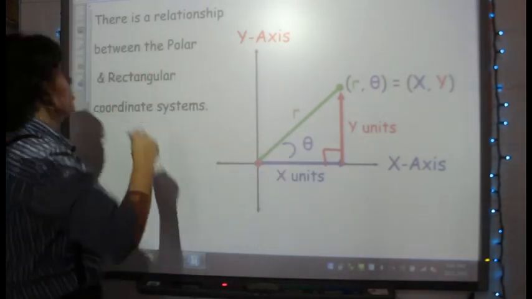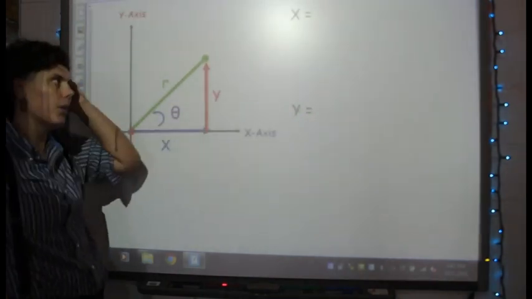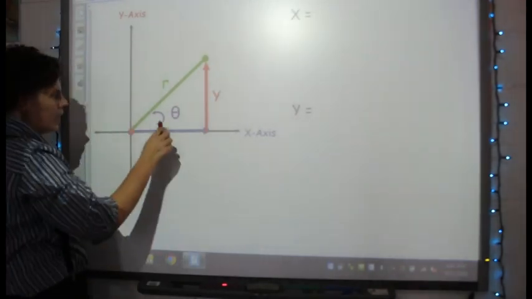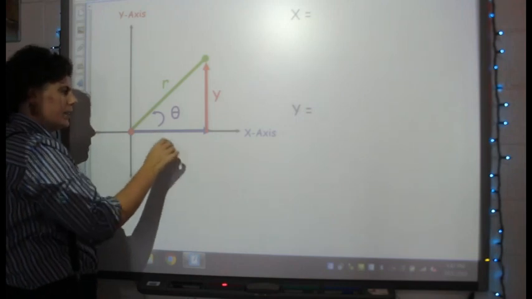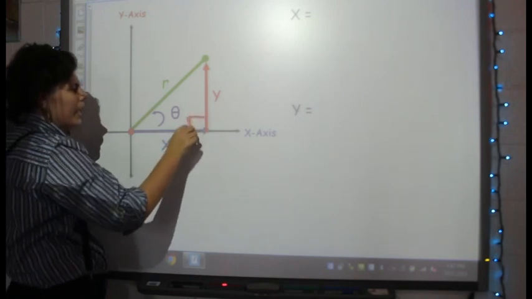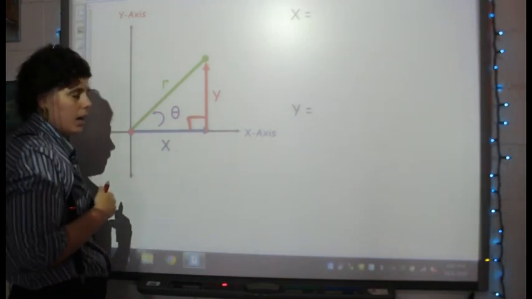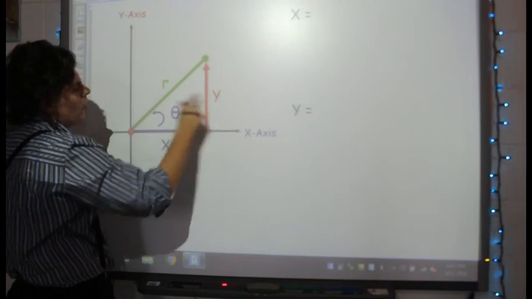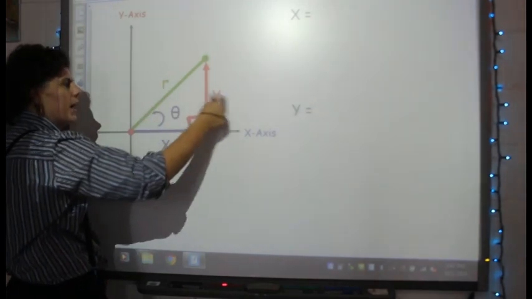If I've got theta and I want to know about y, I have the opposite and the hypotenuse, so the y might be sine.